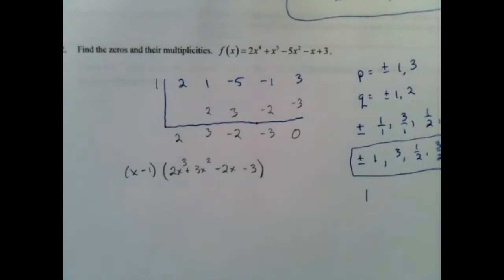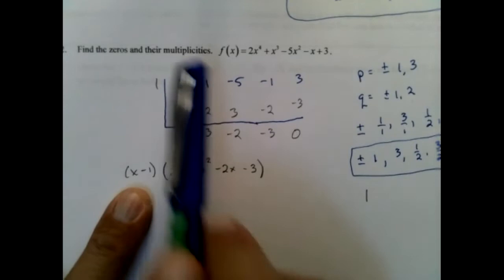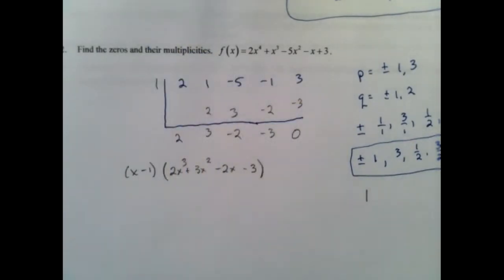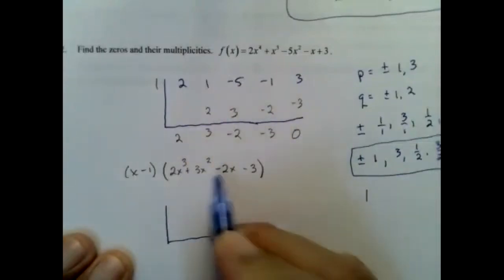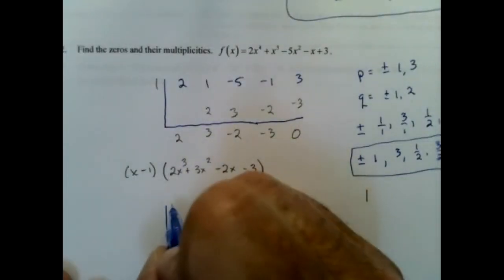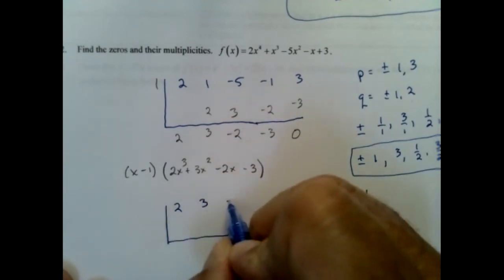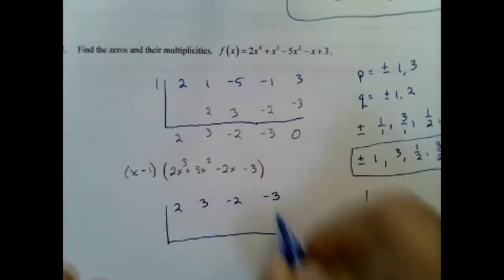So I factored it, but I didn't completely factor it. I can keep going. So this is already done, which means I'm done with this big boy up here. Now I'm going to do factoring on that guy.